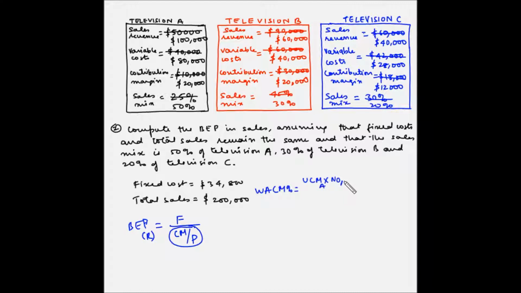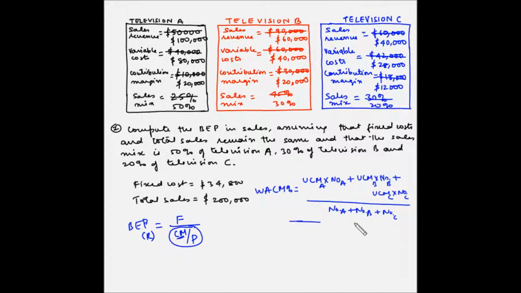This is for product A, plus the unit contribution margin multiplied by the number of units for product B, plus the unit contribution margin multiplied by number of units for product C, divided by the total number of units for A, B and C. So number of units for A plus number of units for B plus number of units for C. Now this part is just the weighted average of the contribution margin.